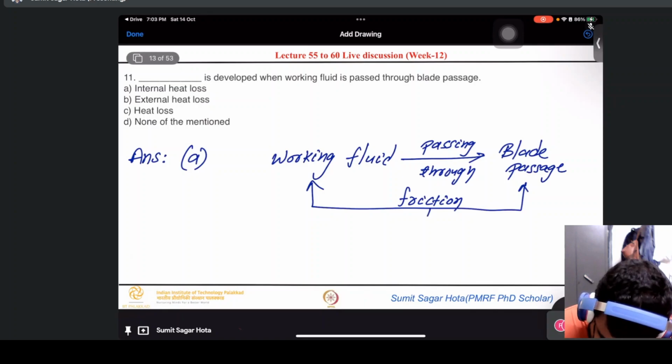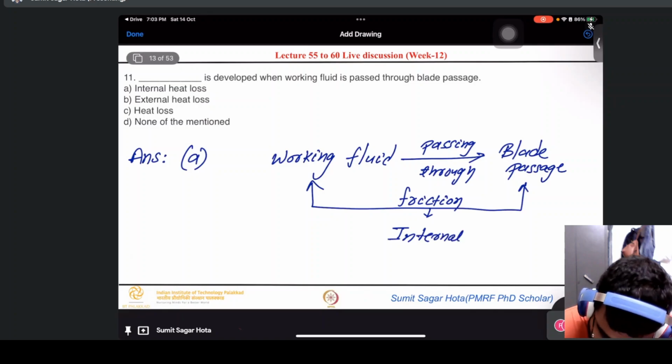Due to friction, internal heat loss will develop.